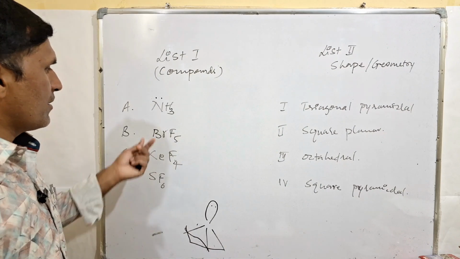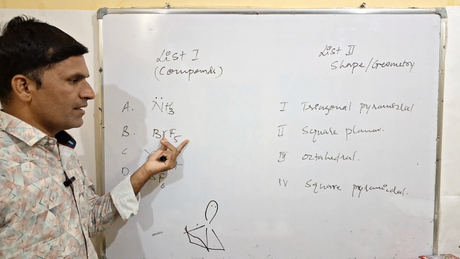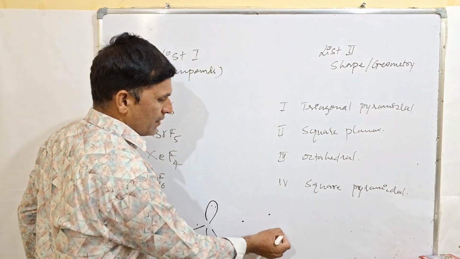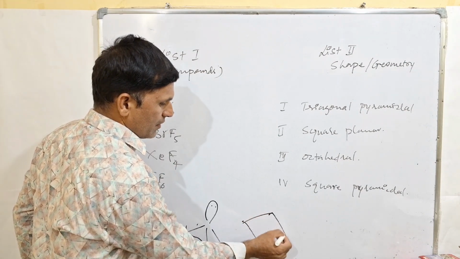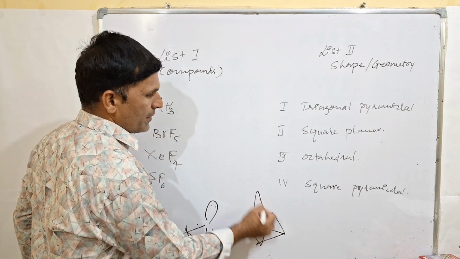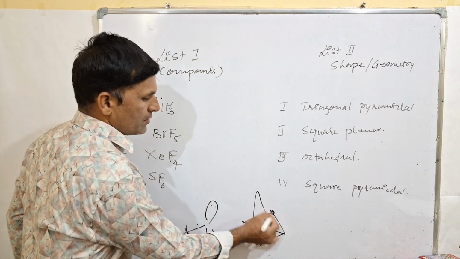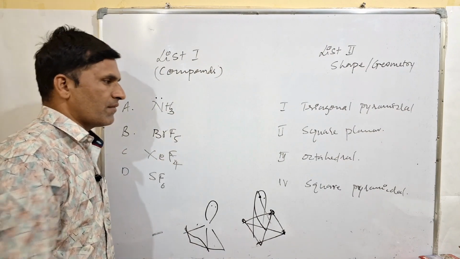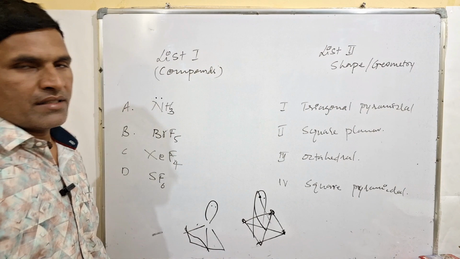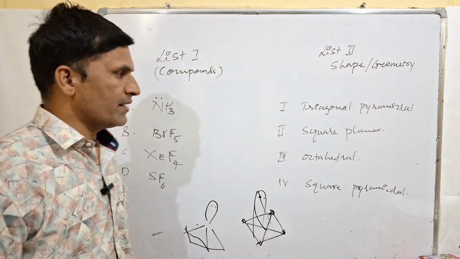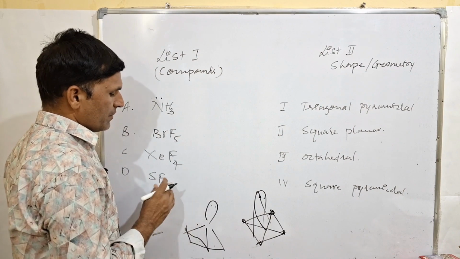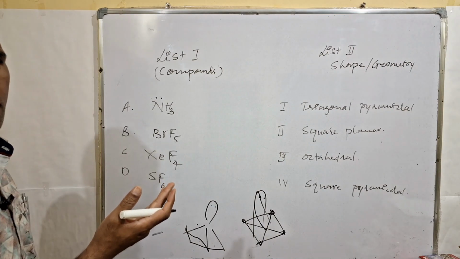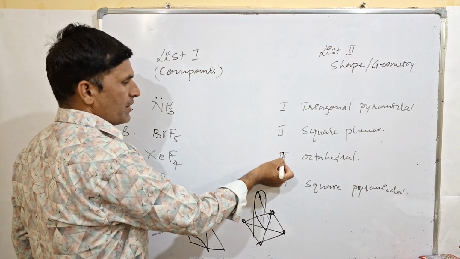Next, if you take bromine pentafluoride, it will have a square pyramidal geometry, with these 4 positions occupied by fluorine. Similarly, in xenon tetrafluoride, even though it has 2 non-bonding pairs, it is going to acquire square planar geometry, and sulfur hexafluoride shows octahedral geometry.